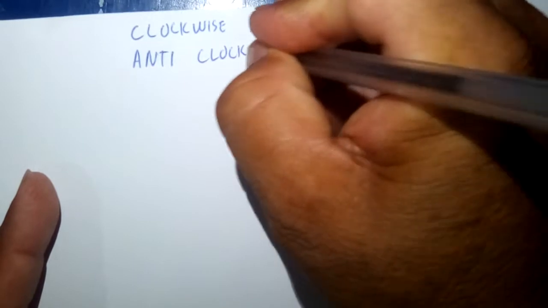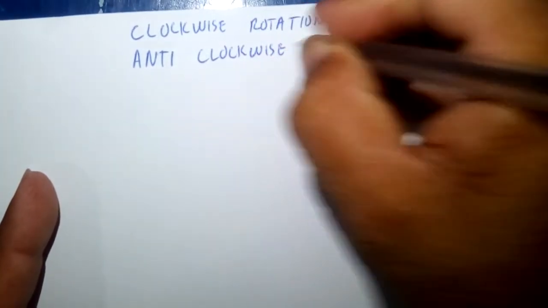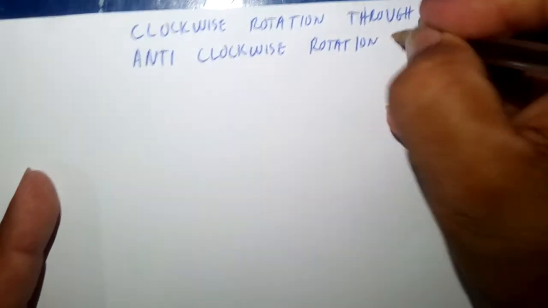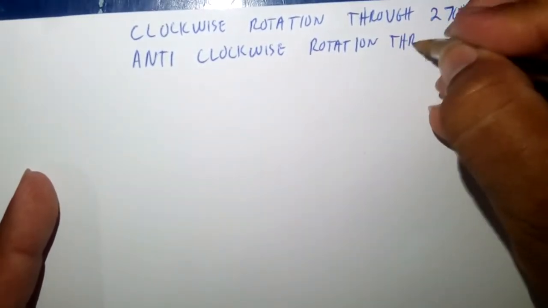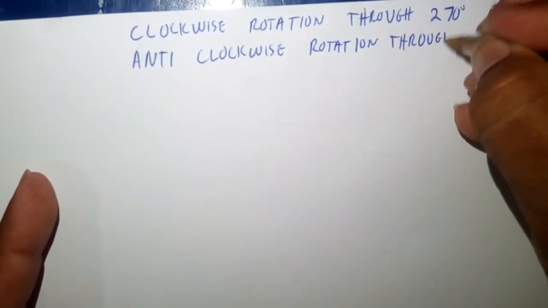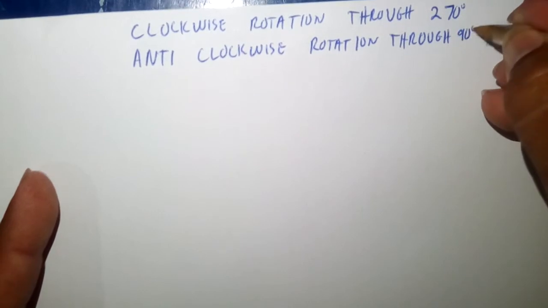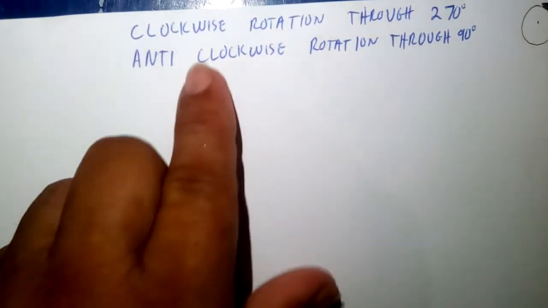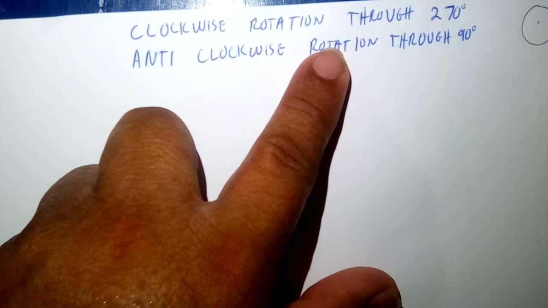anti-clockwise rotation through 90 degrees. Okay, this is simply saying that if you have a circle this way, clockwise rotation means 270 degrees.